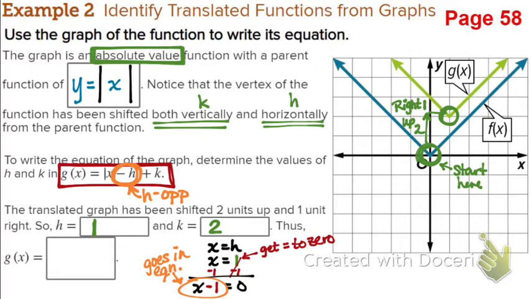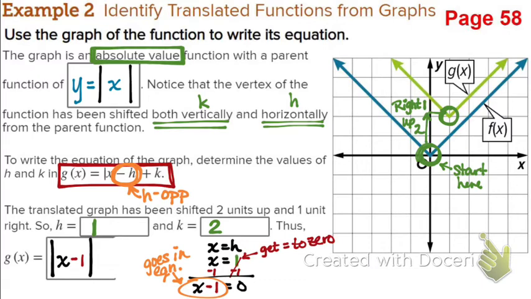So when I go to write my equation here, g of x equals, what do I need around the x minus 1? What do I need on either side of it? I need that absolute value bar, the distance. X minus 1. After the absolute value is where you find k.